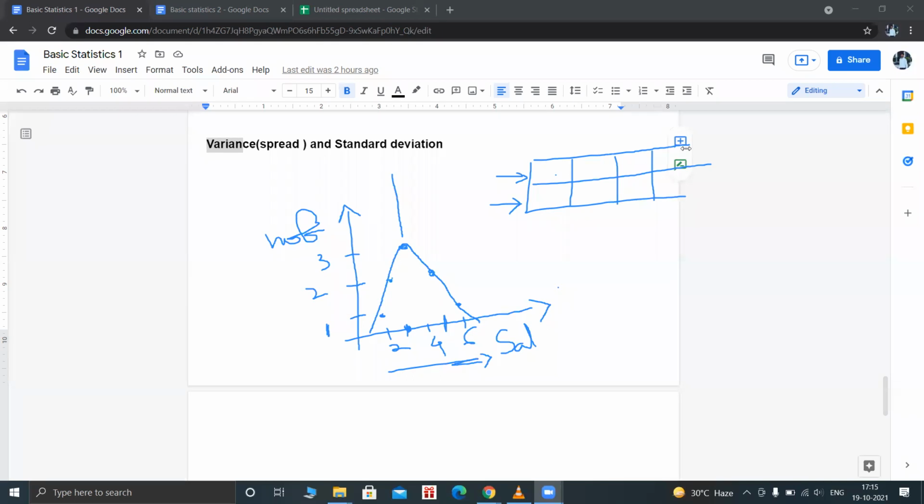So this is my data point, right? Here also a data point is there at 2.5 as well as 4.5. You should add those two also. 2.5 plus 4.5 is 7. So is it 3?